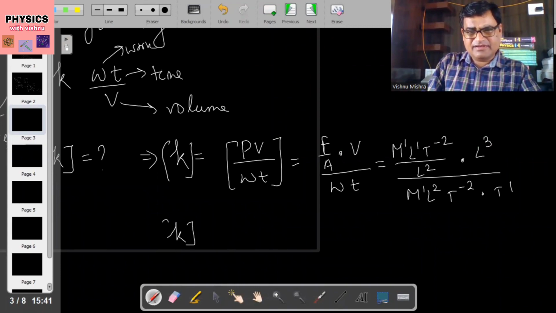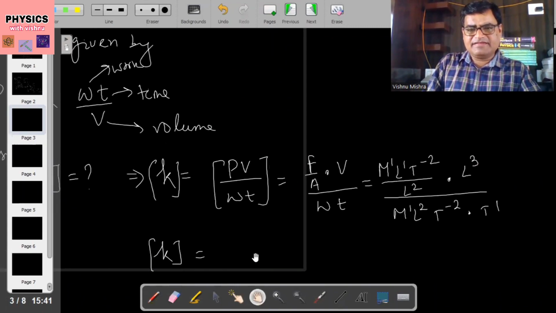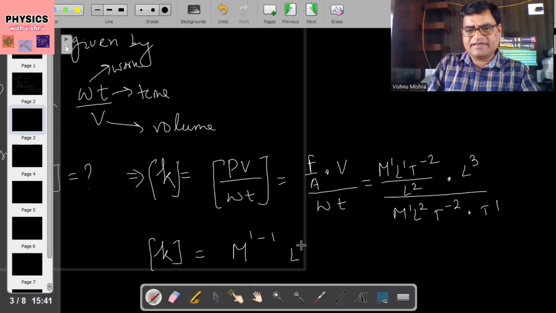K is equal, what will you get? Collect the power of M: M1 minus 1. Collect the power of L: L1 plus 3 minus 2 minus 2. Collect the power of T: minus 2 plus 2 minus 1. सही हो ना? M1 minus 1, L is 1 plus 3 minus 2 minus 2, T is minus 2 plus 2 minus 1.